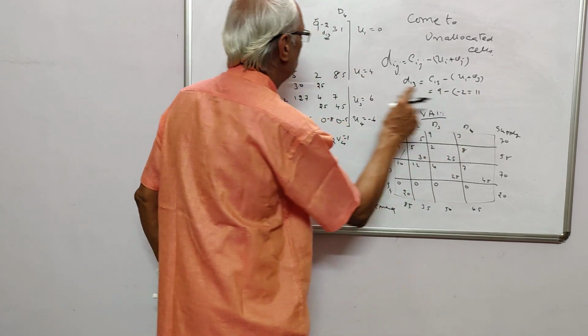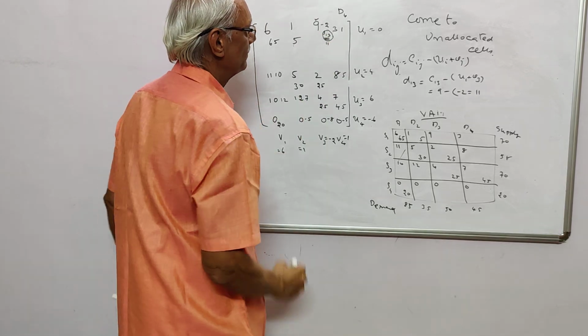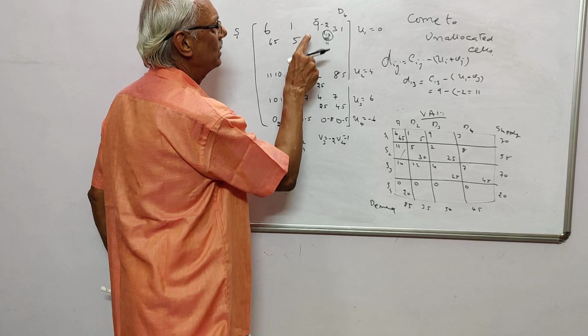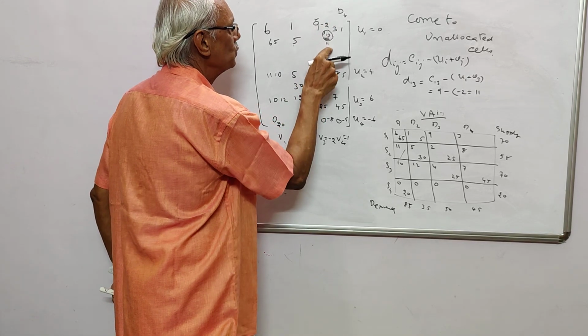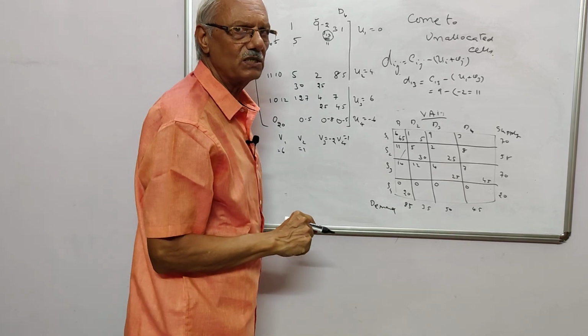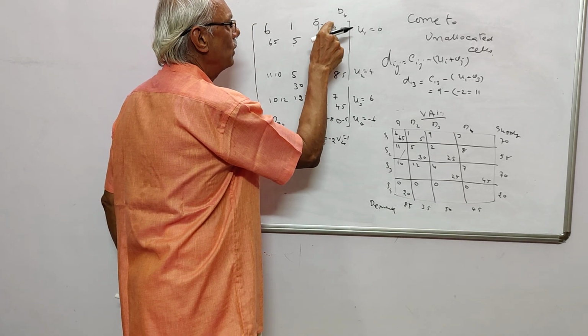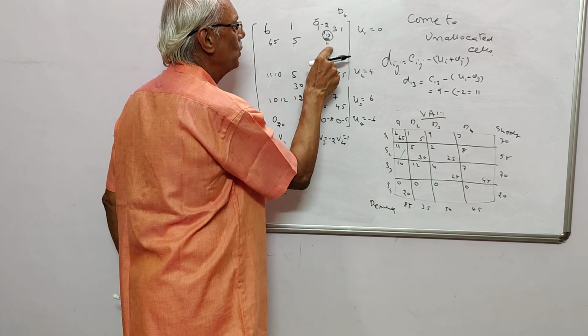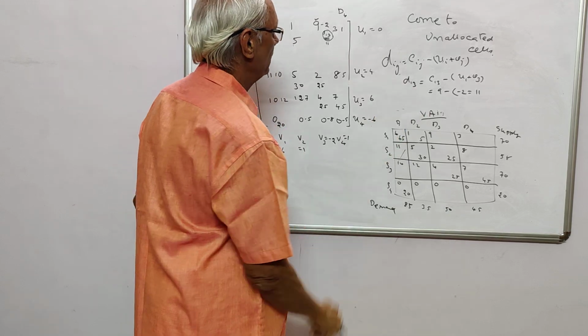So your D13 is 11. You can ask one question: what will you add with this minus 2 so that you will get 9? You have to add 11. So that is your D13.